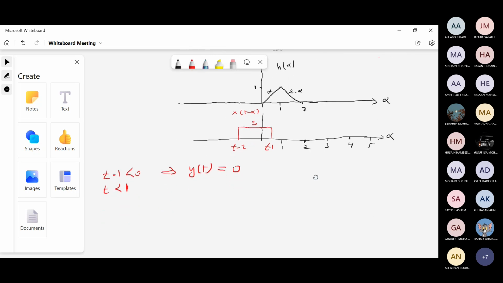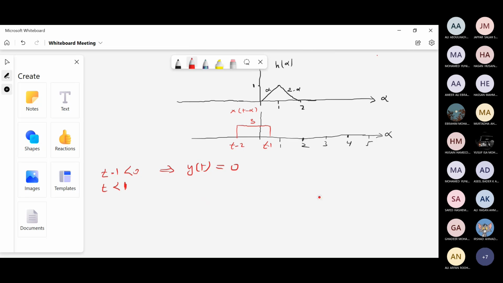Okay, now t minus 1, which is this, is between 0 and 1. So it is greater than 0 but less than 1, which means that t is greater than 1 but less than 2. Just add 1 here, here, and here, so it becomes t greater than 1 but less than 2.